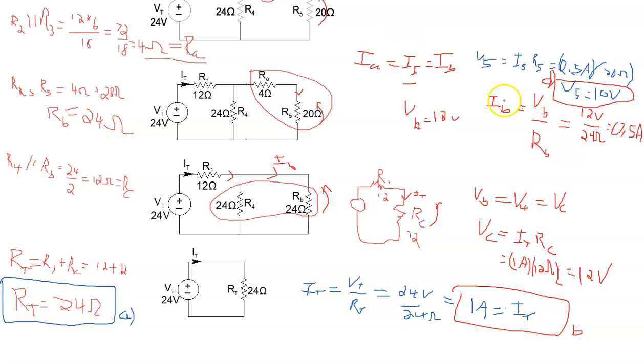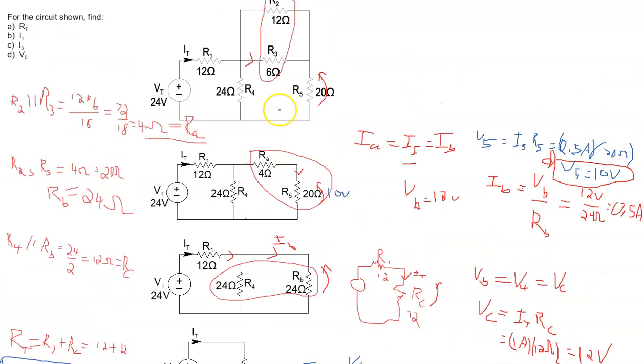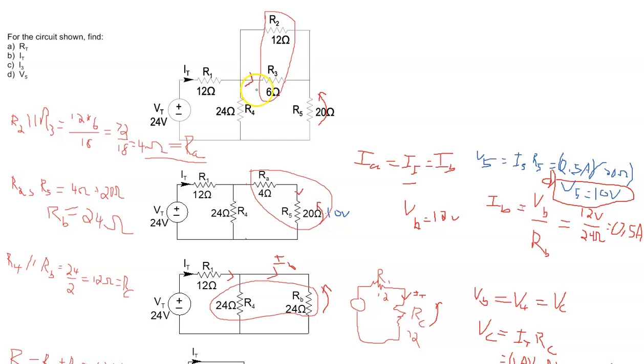Okay, so we're getting close to time there. We got 10 volts right here. And now, the last thing that we wanted to do is we wanted to find I3 right here. And so realizing now that VA is equal to V2 and V3, and we already got IA, right?